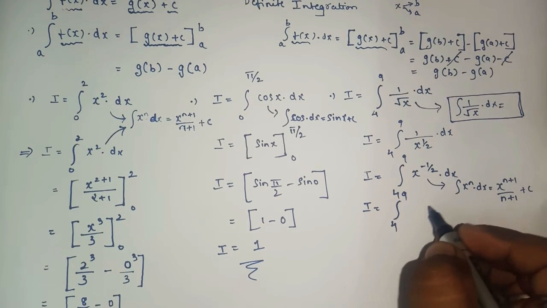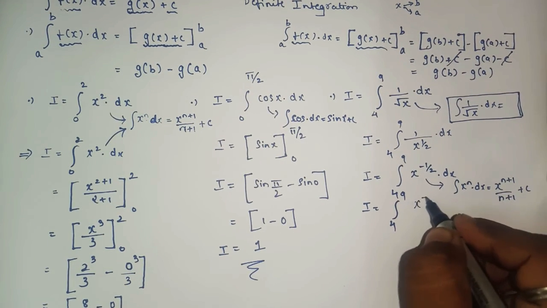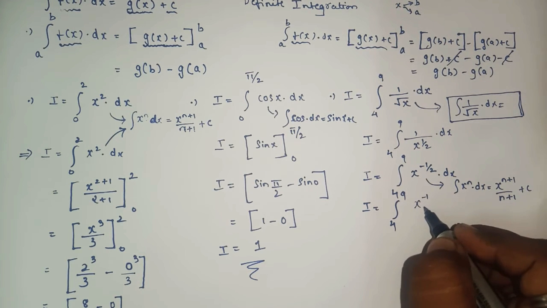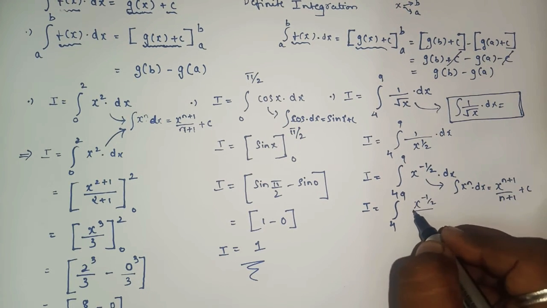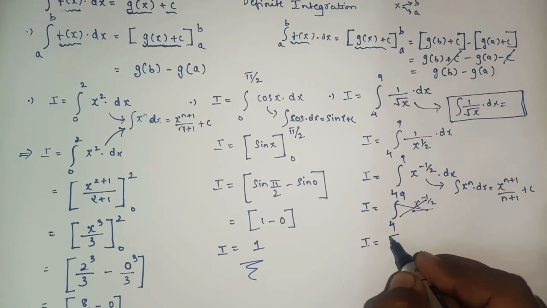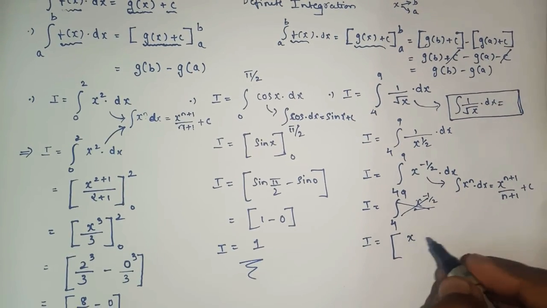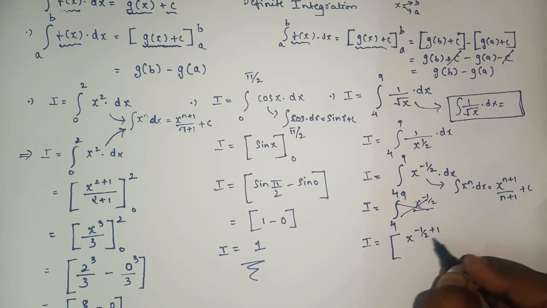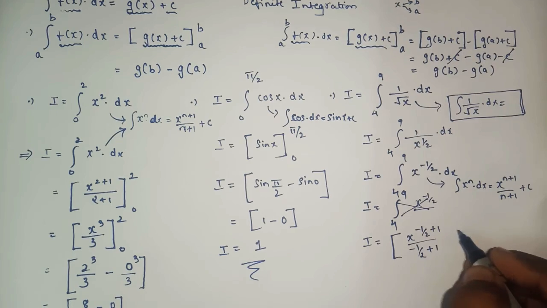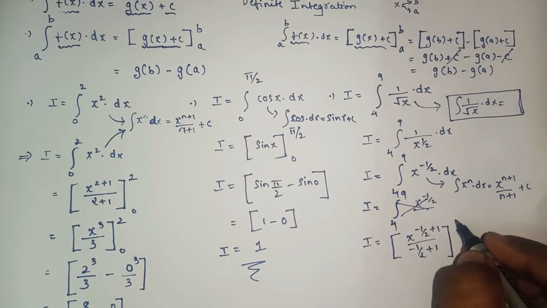Okay, so apply the formula. We'll write the same step again, you cancel this step. I equals integrate, so here you will get x raised to n plus 1 upon n plus 1, no need of writing plus c, then here 9 and 4 will come.